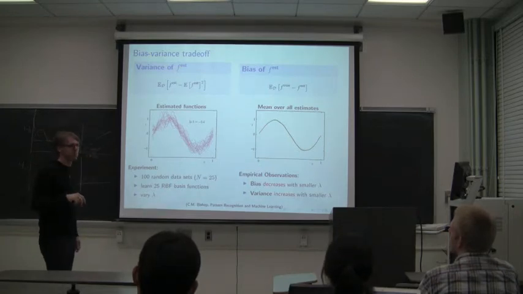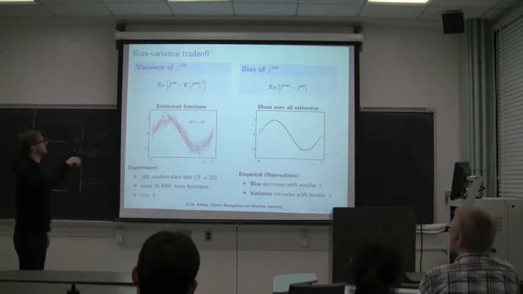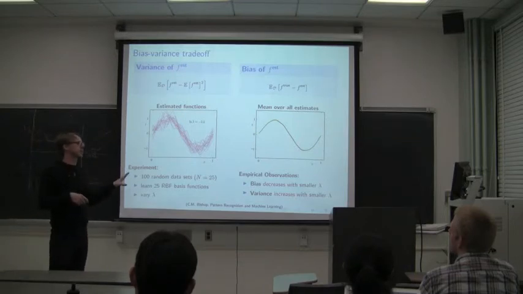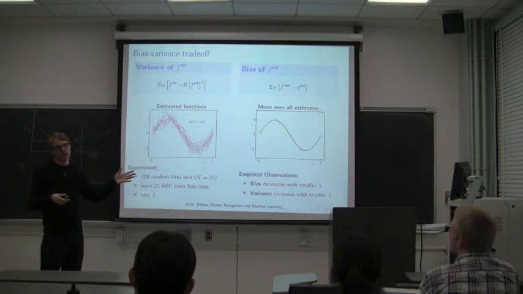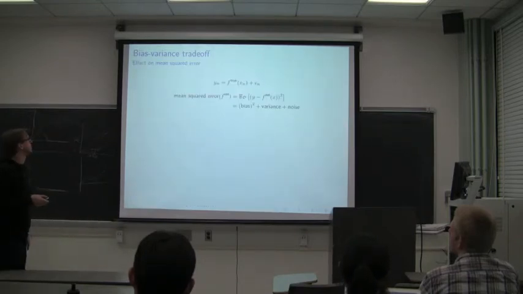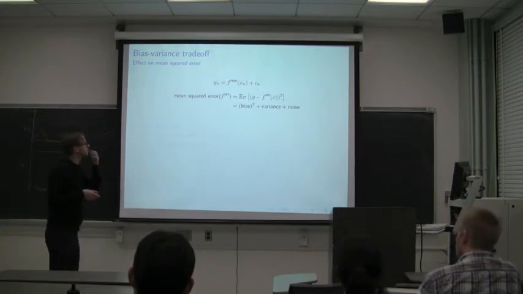So the true model has to be fittable, but variance increases. This lambda is a regularization parameter. By introducing regularization, we introduce bias, but we reduce the variance. In reality there's a trade-off between these two, what we call the bias-variance trade-off.